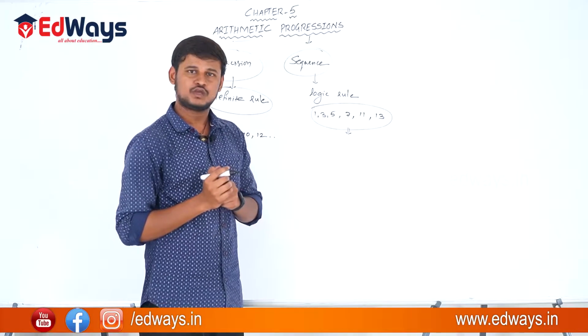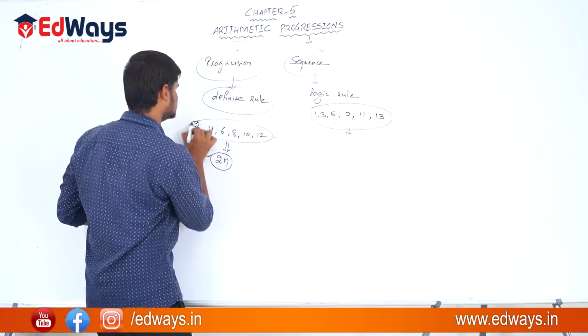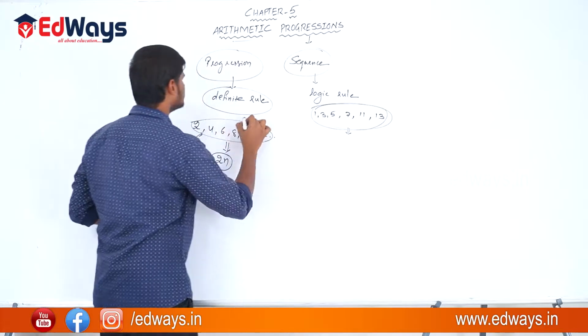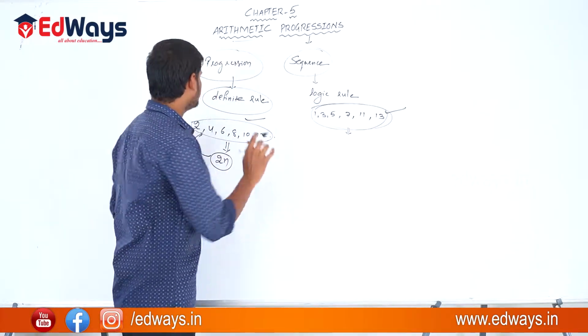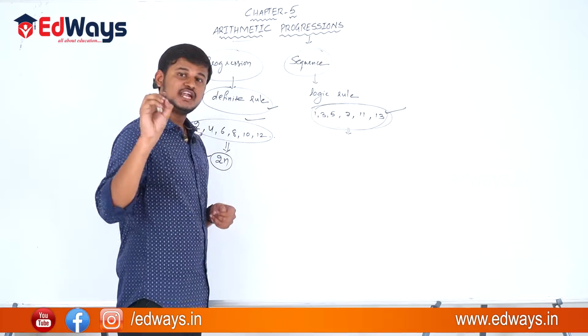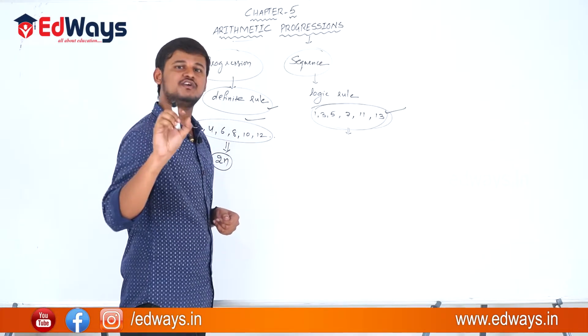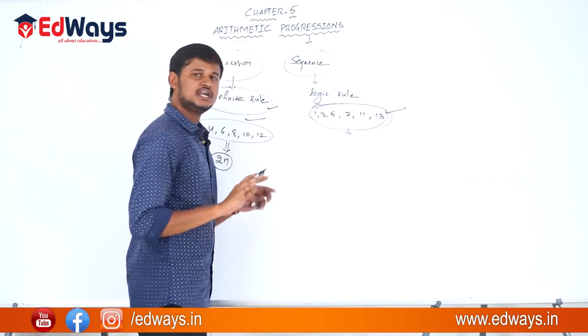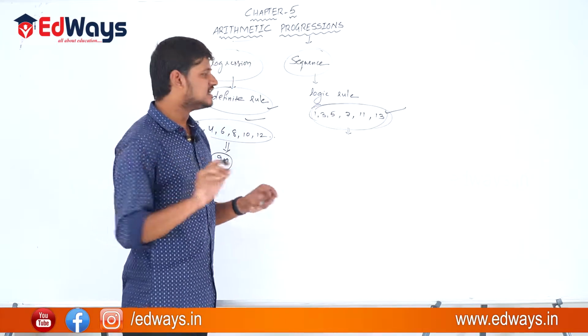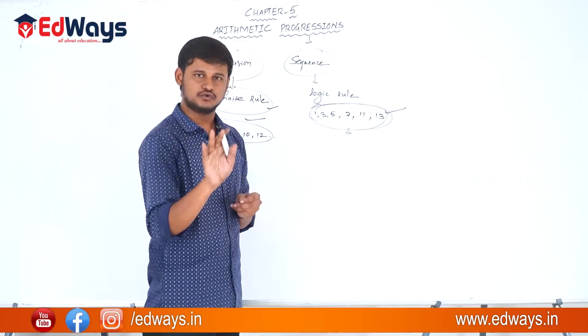Both are sets of numbers, but a progression has a definite rule, a definite formula to find a certain number, whereas a sequence won't have any formula and just follows some logic rules.